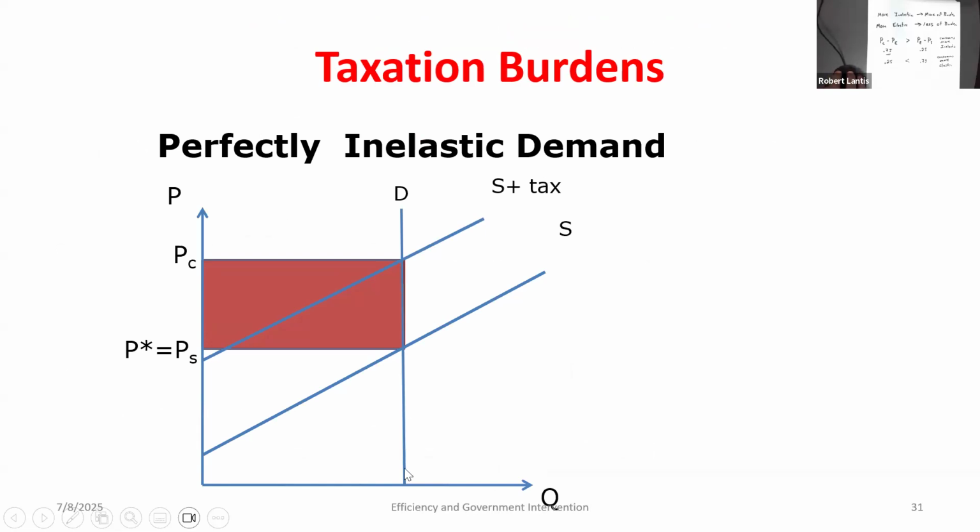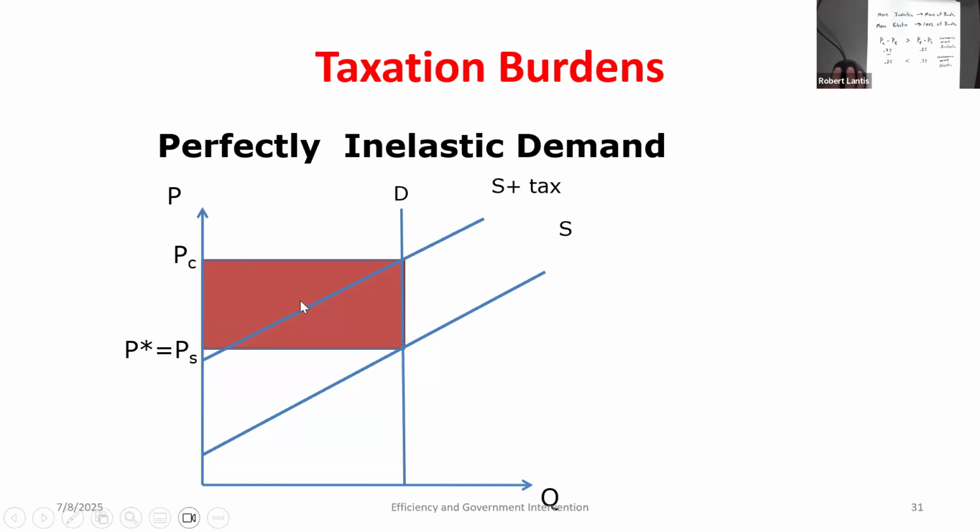Well, the same quantity is being sold before and after the tax, so deadweight loss was 0. So when you have a consumer base that is perfectly inelastic, this would represent tax revenue, right? And you're not seeing any reduction in quantity, you have 0 deadweight loss.